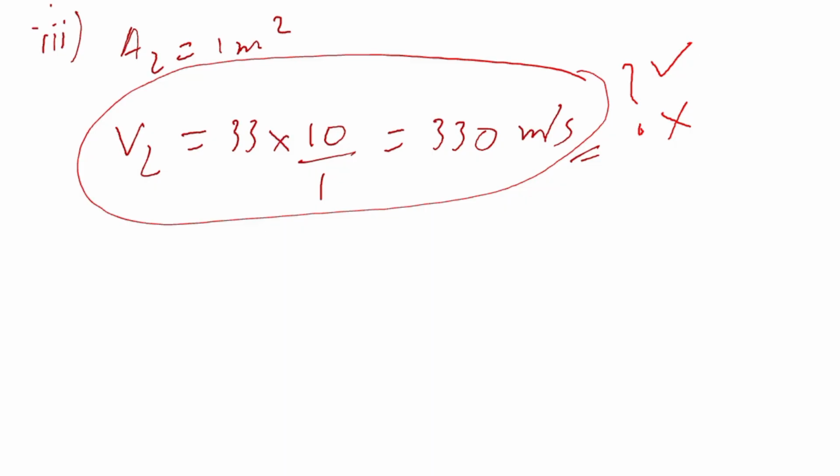Okay, so the breakdown essentially stems from one other fact, which I should pose as a question first: do you know the speed of sound in air, at least roughly? The speed of sound in air is actually approximately 330 meters per second, which is exactly the value that you have here for V2.